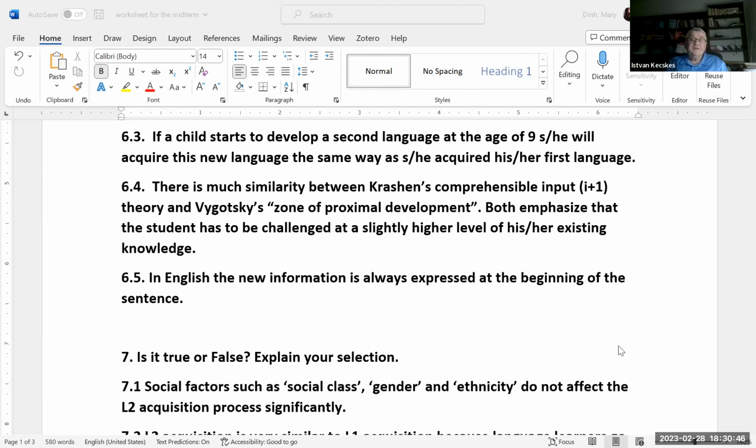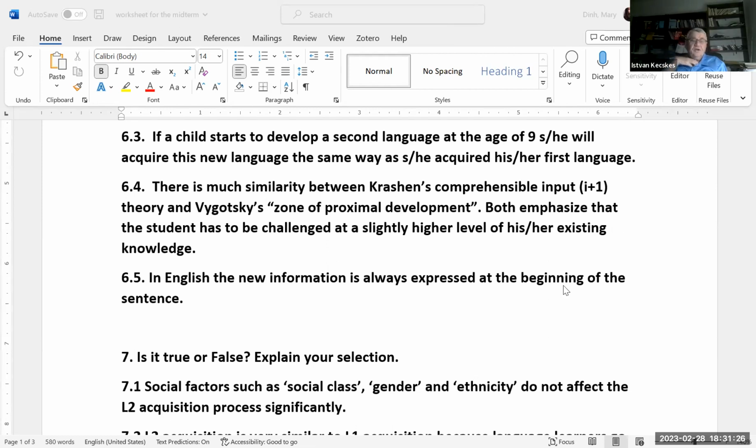So after all, it's a great difference between English and other languages, especially those languages which have strong morphology, like Finno-Ugric languages, Slavic languages, and some other languages where the new information is at the end of the sentence. In English, the new information is always at the beginning of the sentence. But again, you know, the important thing is that you have to give an example, and through the example, you can kind of argue and you can kind of demonstrate what you think.